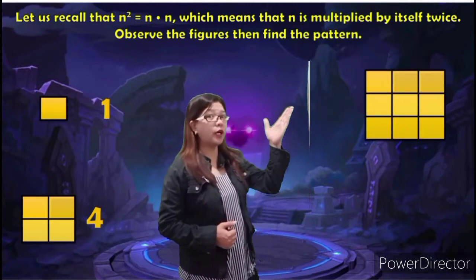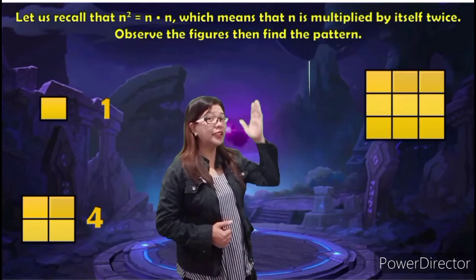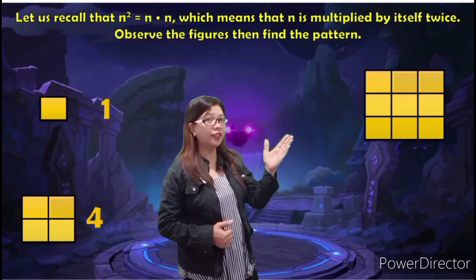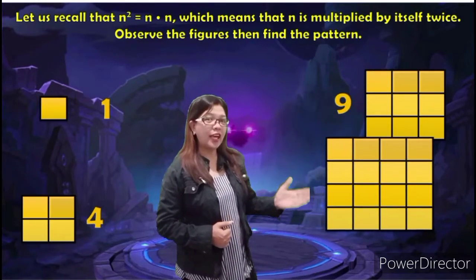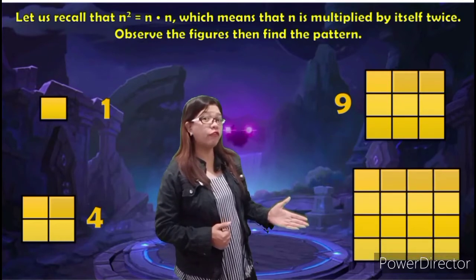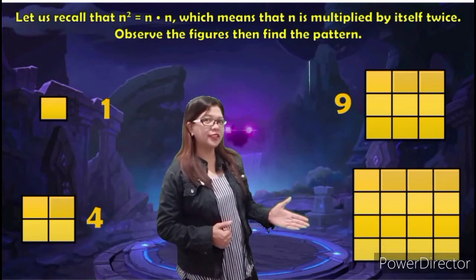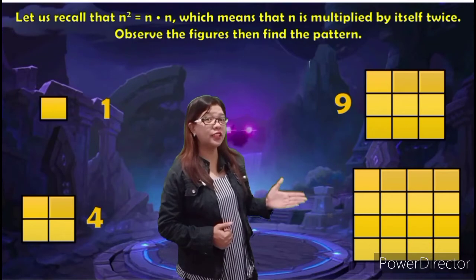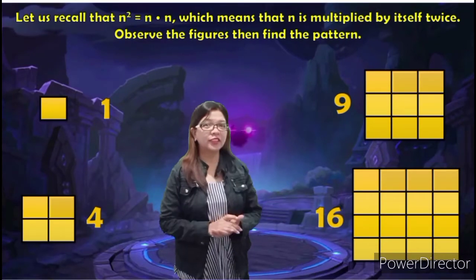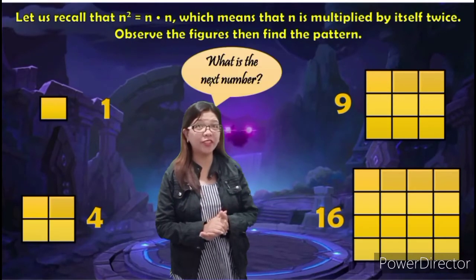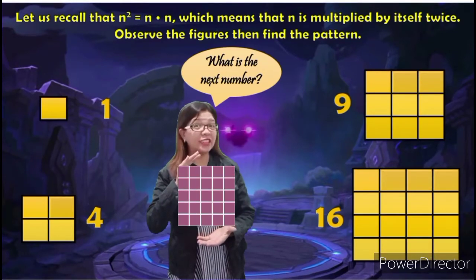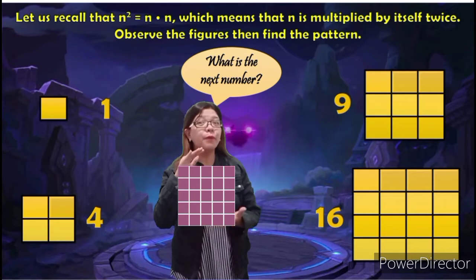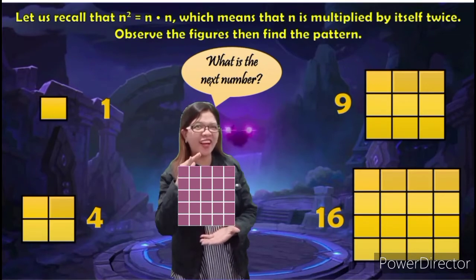In our third pattern, we have 3 by 3 squares, or we have 9 squares. And then we have 4 by 4 squares. Yes, we have 16 squares. Now what is the next number? Yes, we have 5 by 5 squares, or 25.